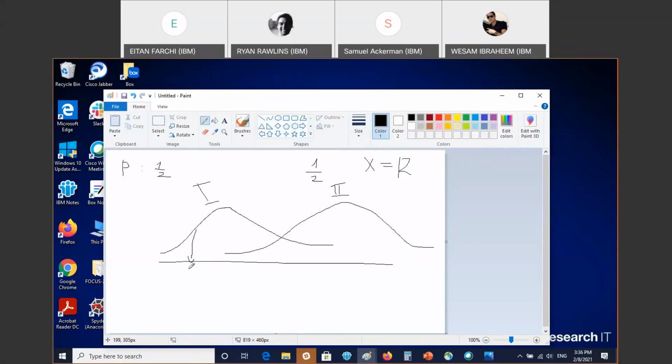We choose a point here and we label it as minus. If we flip the coin and choose the second Gaussian, then we choose a point here, maybe, and we label it as plus. So this is the process of the adversary.